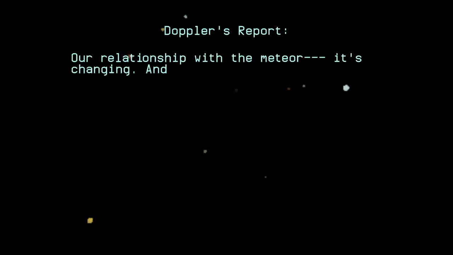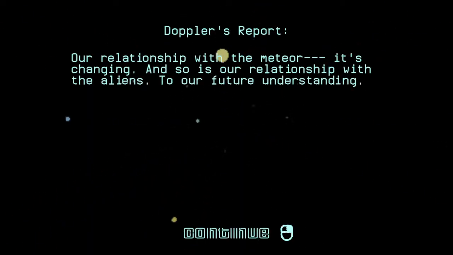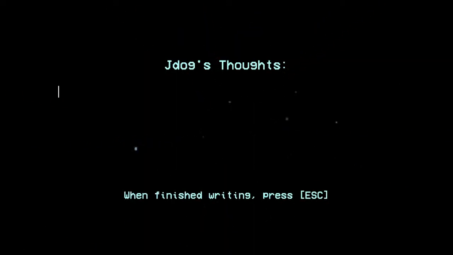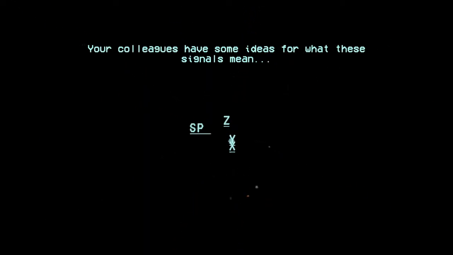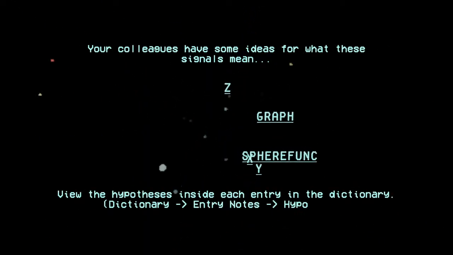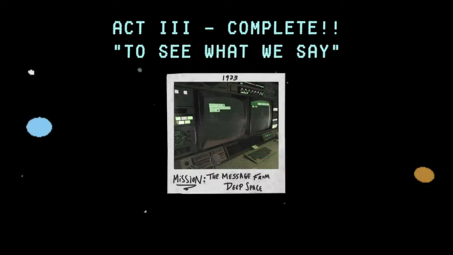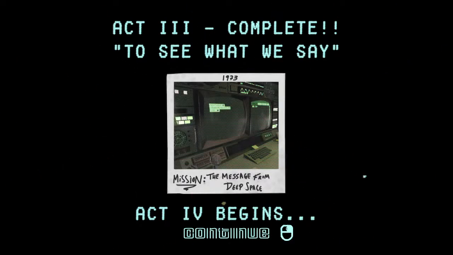Our relationship with the meteor is changing, and so is our relationship with the aliens, to our future understanding. Am I about to draw a stick figure? Alright, let's see how they want to define sphere.